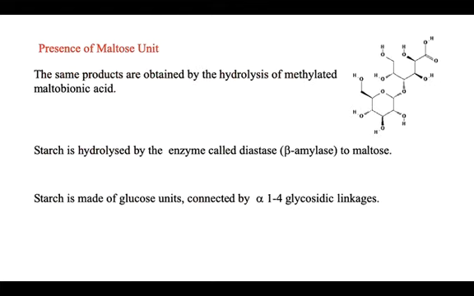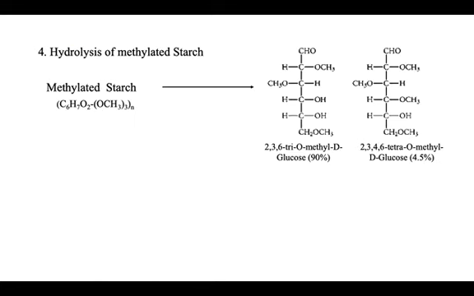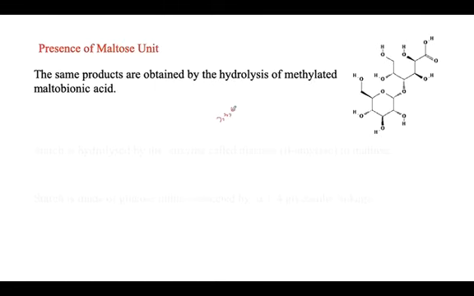It was based on the presence of maltose units. 2,3,6 tri-O-methyl-D-glucose and 2,3,4,6 tetra-O-methyl-D-glucose have been obtained, with the tetramethyl-D-glucose around 4.5%, and the trimethyl around 90%.